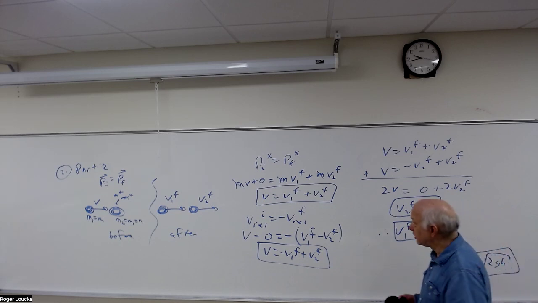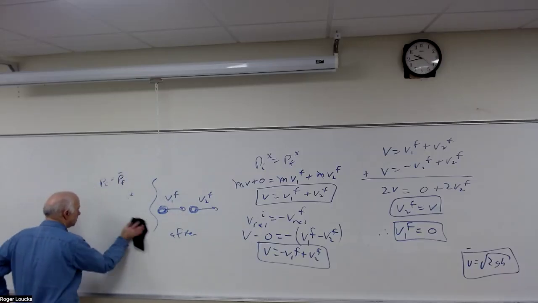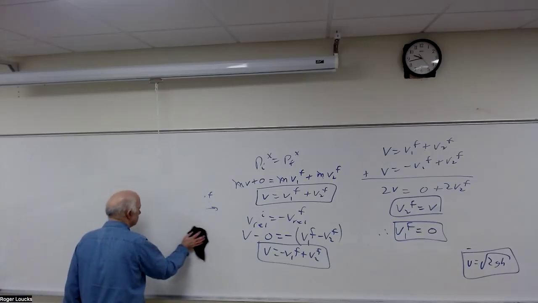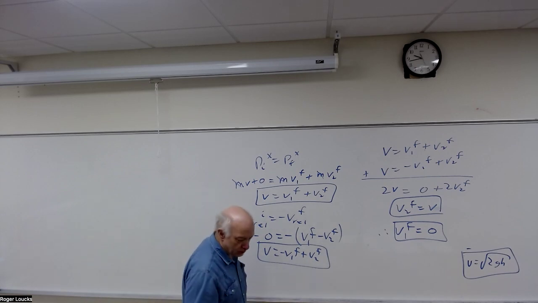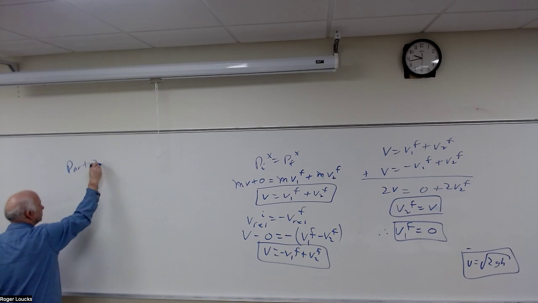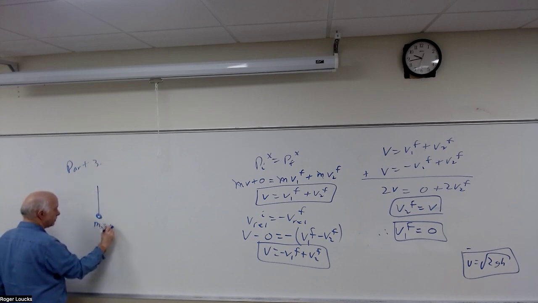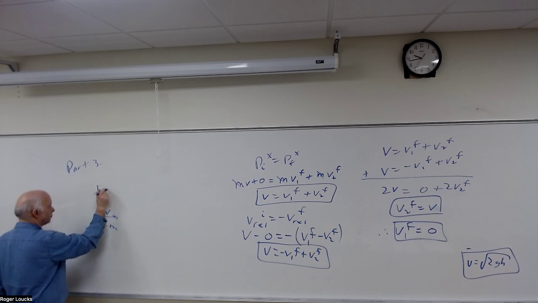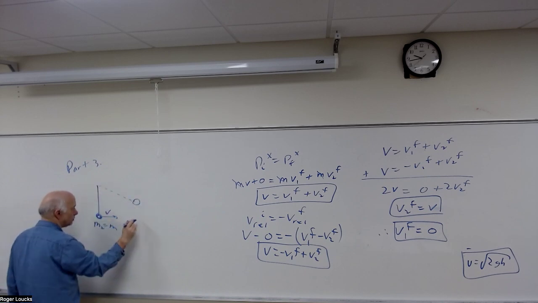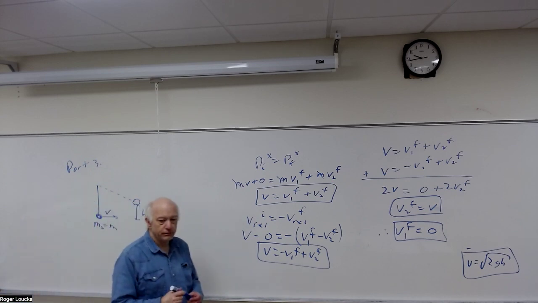Okay, so the third part is going to be, we'll put this over here. We now have this one. Here's our M2 equals M. Now this is V. The question is H max equals. Okay, so what's the physics here?